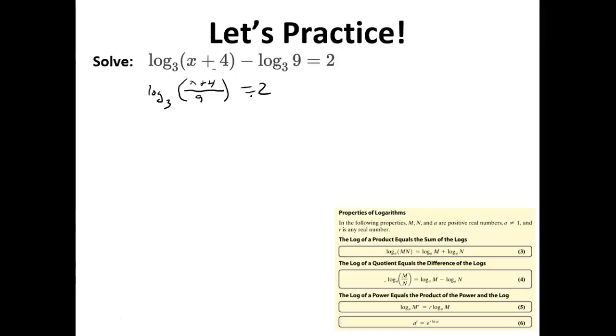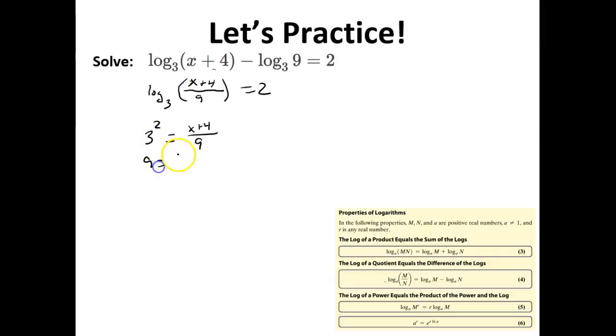Once I get here, I only have one log on one side. So we're not going to use quite the same strategy as before. This time, change it into exponential. It's going to be 3 to the second is equal to x plus 4 over 9. And that just follows from the definition of a logarithm.